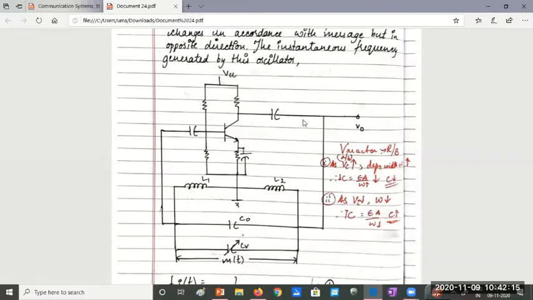And whenever a diode is reverse biased, the capacitance which comes into picture is called transition capacitance. So this varactor diode is suitable for use in reverse bias only. So we are going to apply a reverse bias voltage.